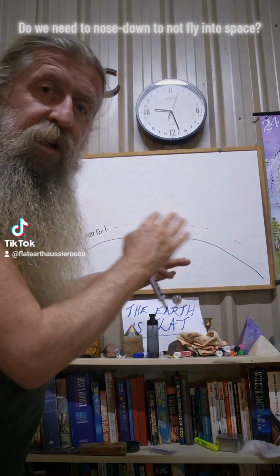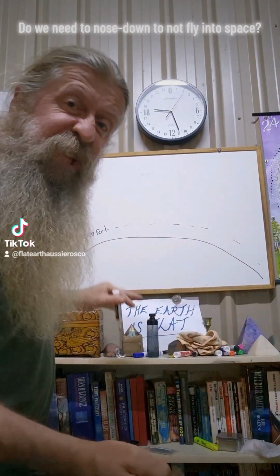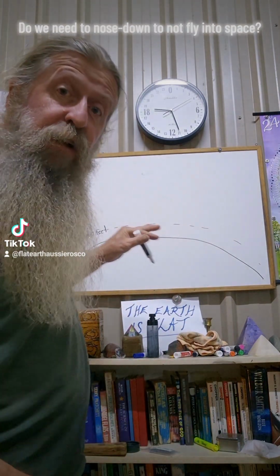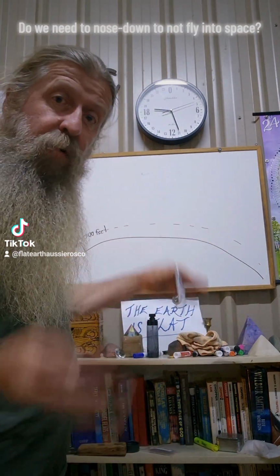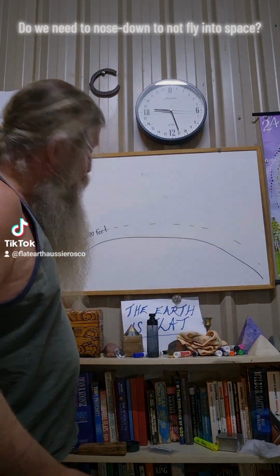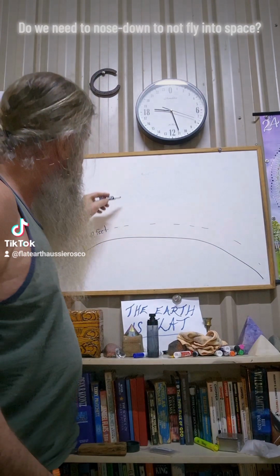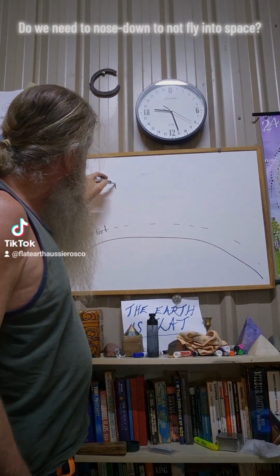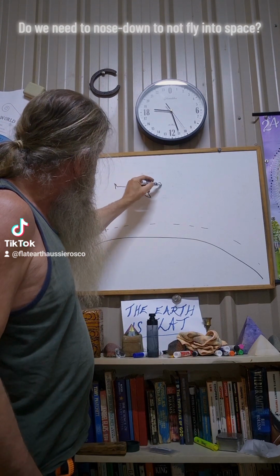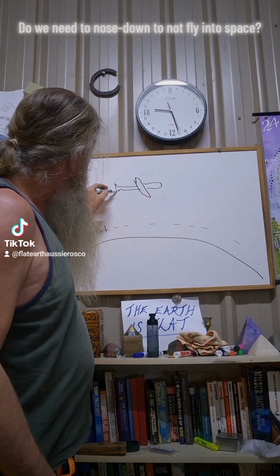We'll just pretend that the Earth is stationary and that plane is the only thing that's moving around a globular sphere, an oblate spheroid. So once it reaches the cruising speed, I don't even know if I can even draw an aeroplane these days. We'll put its wing there, its nose out there, and tail there, whatever.